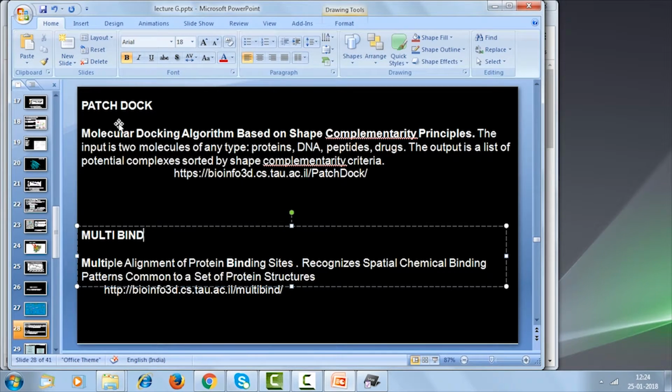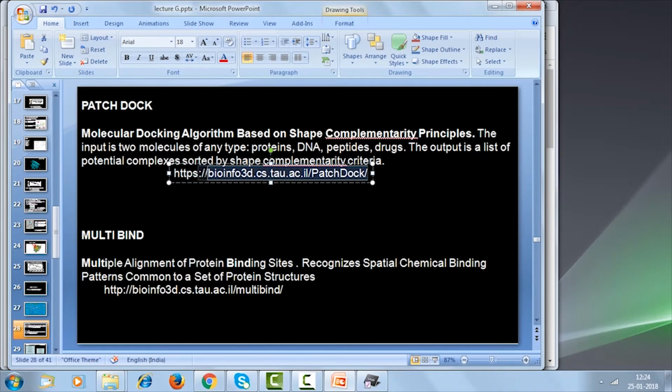PatchDock is a molecular docking algorithm based on shape complementarity principles. I can put a protein and a ligand and find the shape complementarity. I can take the same ligand as a probe and look at different proteins. That's called PatchDock.